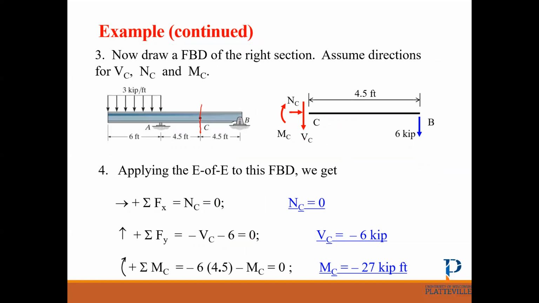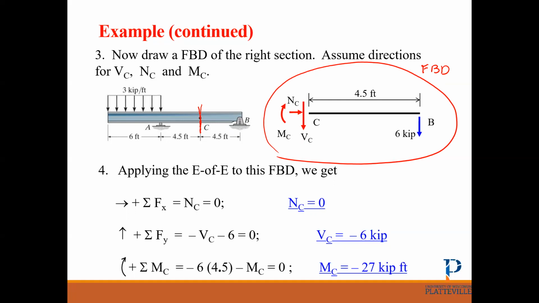So I'm going to cut at point C and draw the free body diagram of the cut. It's not to scale, I just made it bigger so you can see how it works. I only have By, which is 6 kips, and because I work with the left side, with the right side, this is my convention about direction.